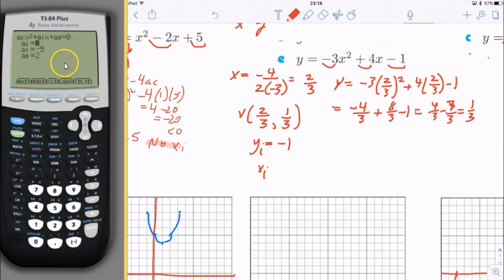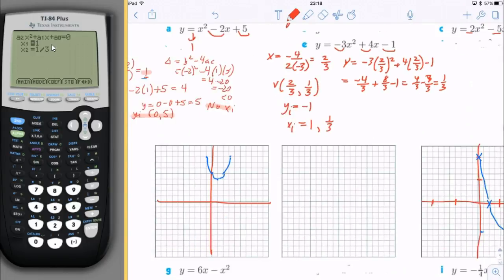And then I'm going to put in -3, 4, -1. Okay, and then I solve it, and the two roots are 1 and 1/3.